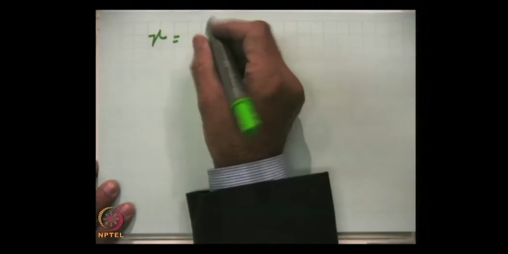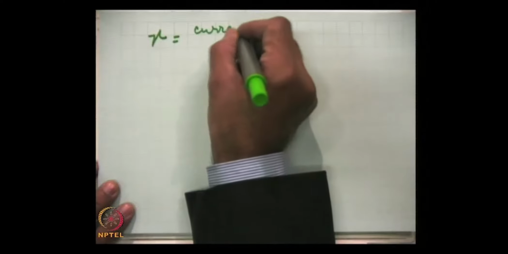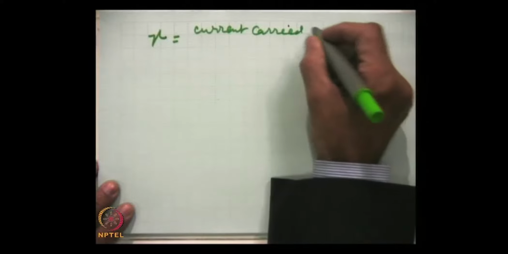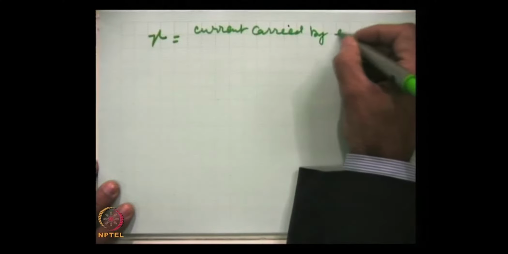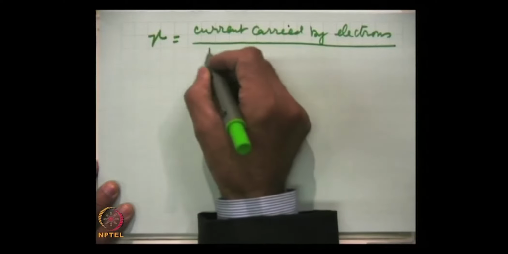If we talk of either NPN or PNP, but currently we are talking NPN transistor, then this is defined as total current carried by electrons divided by total emitter current.